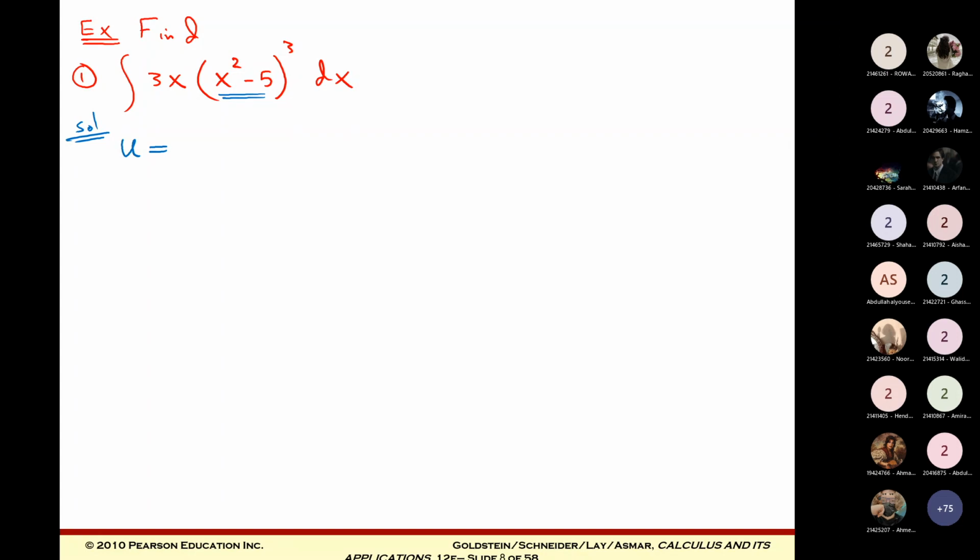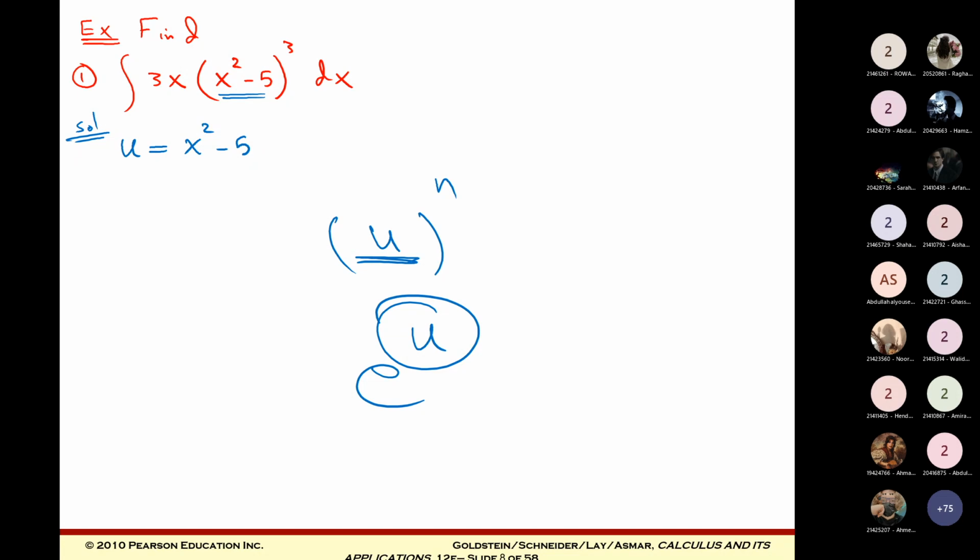Equal 3x or x squared minus 5? X squared minus 5. Good, Yarim. This is the first step. We must let u be the part inside: if we have brackets, put it outside the brackets. If we have e to the power, this is u; or inside the sine, or inside a radical, like this. Suppose u is inside the sine, the power of the exponential, inside the roots, inside the brackets.